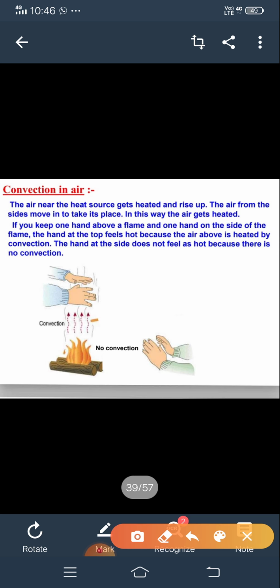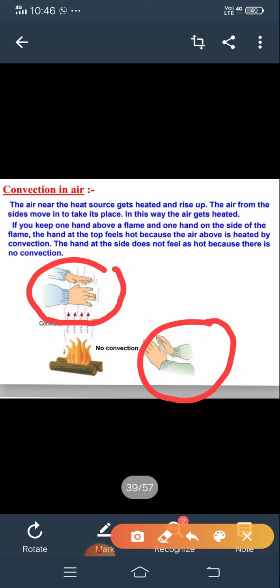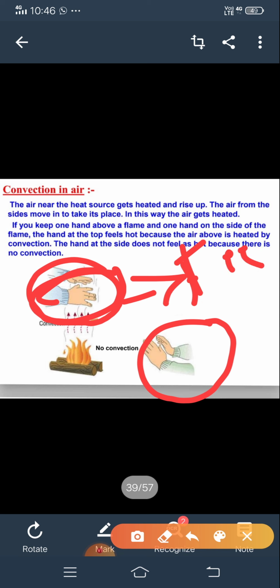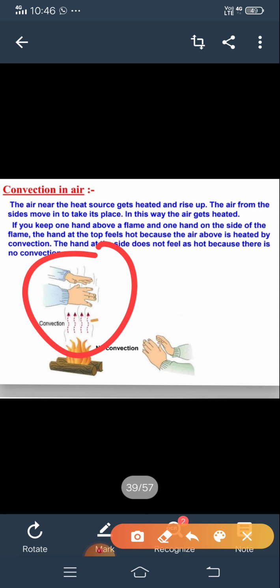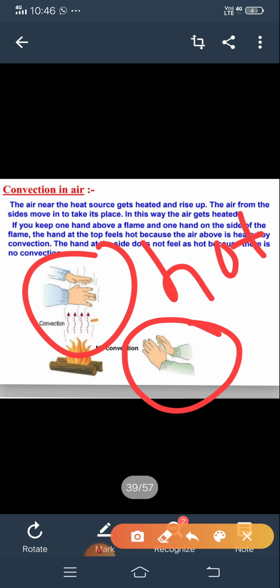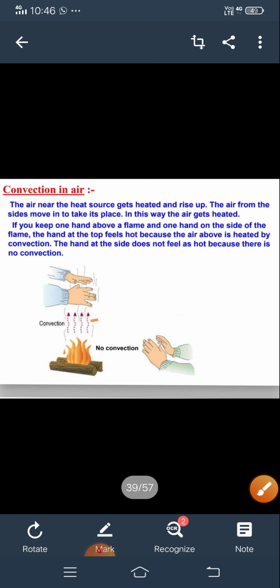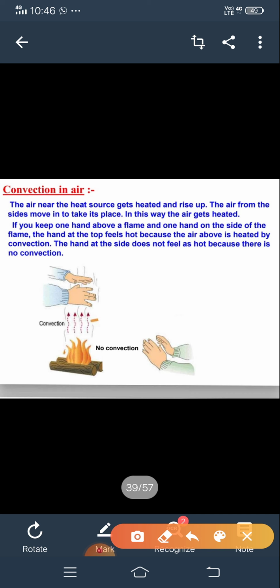At that time you keep one hand above the flame and another at the side of the flame. The hand on top of the flame feels hot, and the hand at the side, do we feel hot or cold?